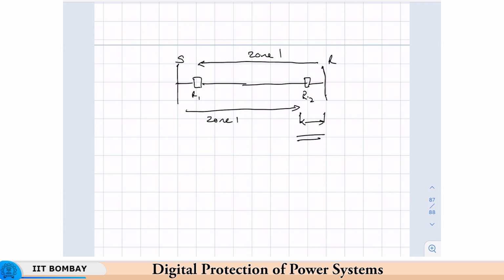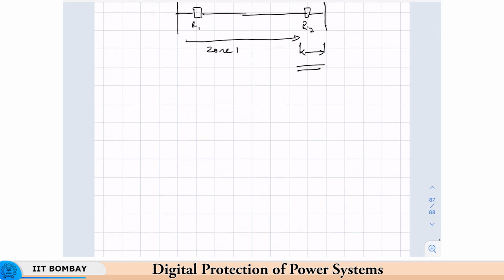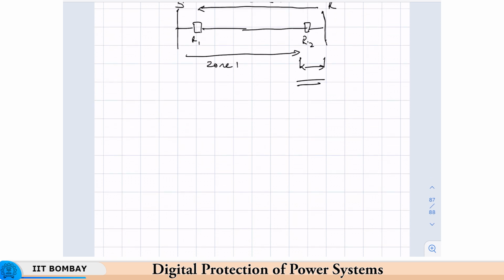You could use the transmission line itself, in which case it is known as power line carrier communication. We saw part of it when we saw the CCVT part, but here specifically a separate wire is used, which is known as a pilot wire. So, depending on the usage of the various quantities and the pilot wire, there are different types of protection.